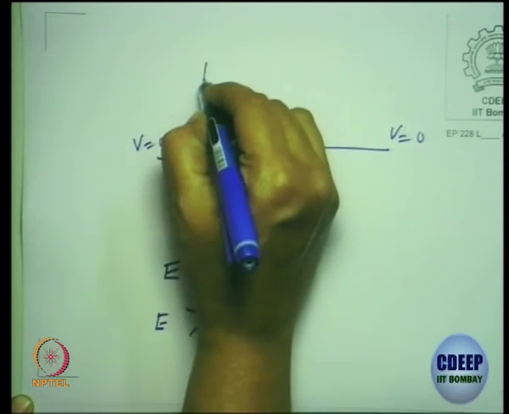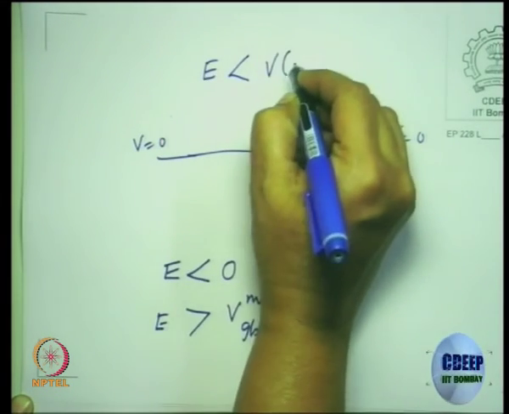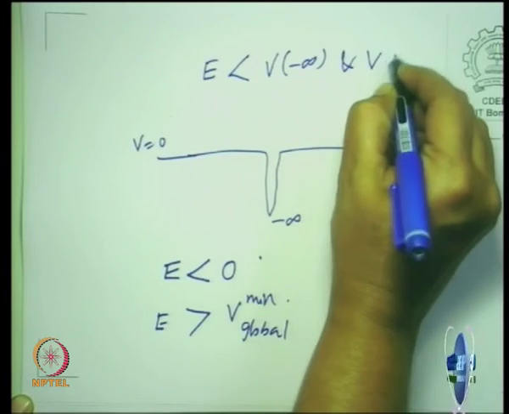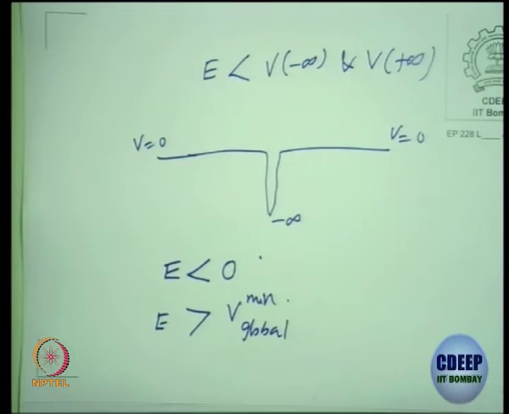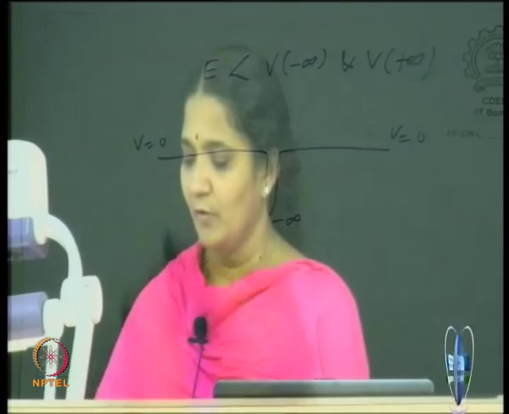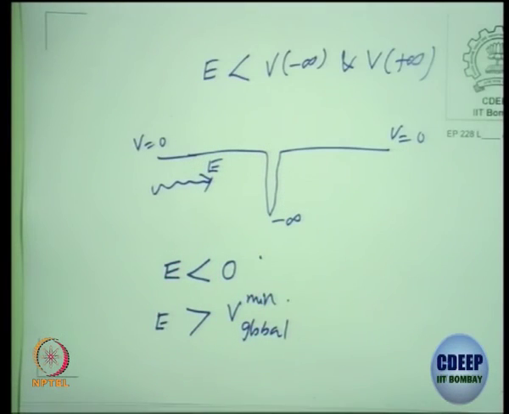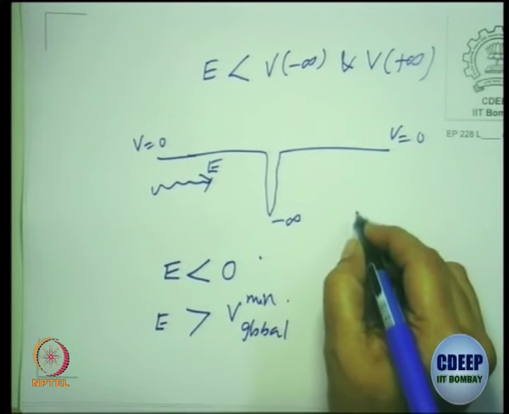So, V at plus infinity and minus infinity are 0. E should be negative, but E should be greater than global minimum. So, you can have energies of the particle like this. So, bound state is possible, right? You all agree?